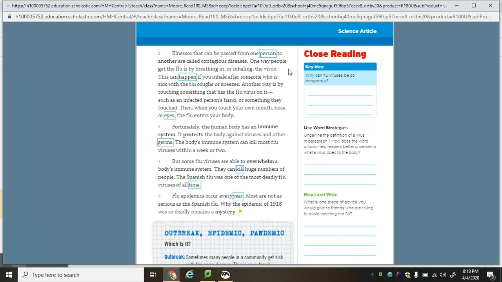The Spanish flu of 1918 was one of the most deadly flu viruses of all times. Flu epidemics occur every single year. Most are not as serious as the Spanish flu. Why the epidemic of 1918 was so deadly remains a mystery.